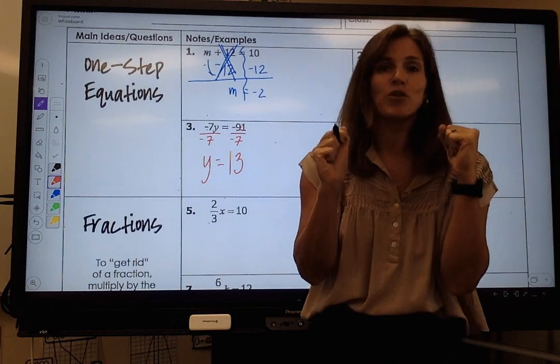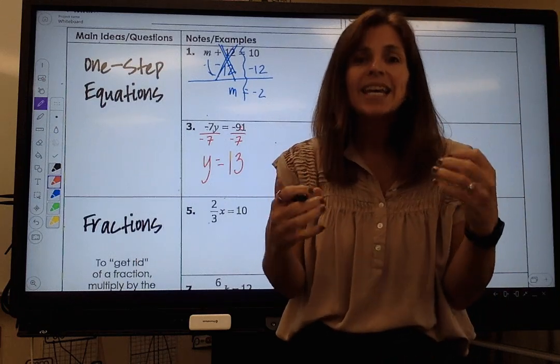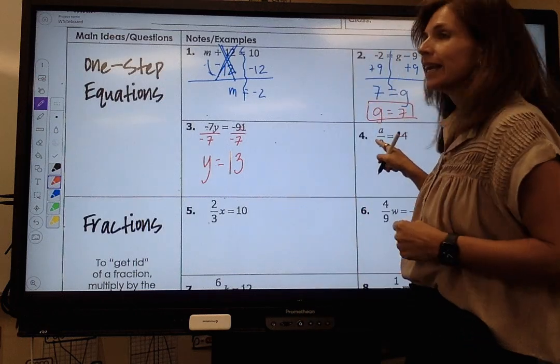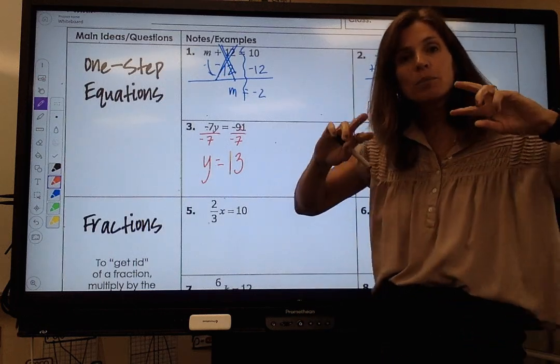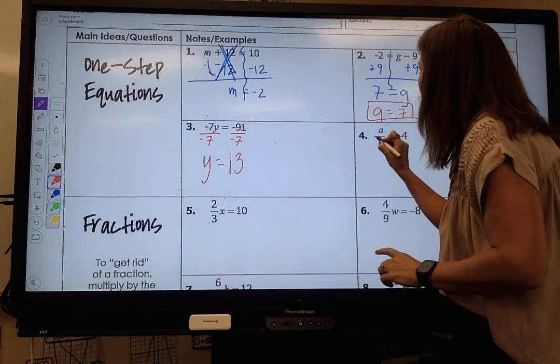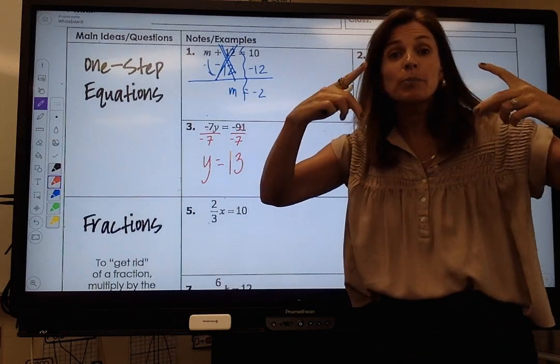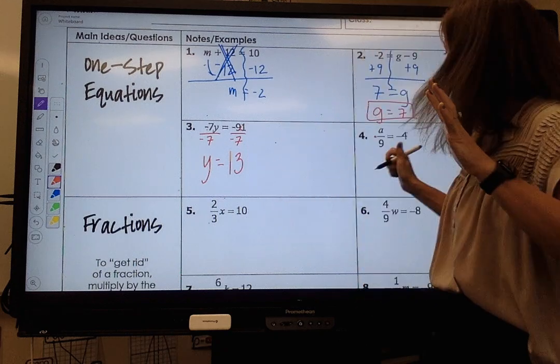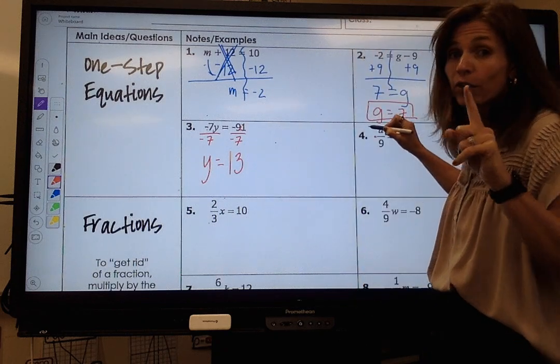Multiplicative inverse. It is your best friend. If you embrace it, it will make your mathematical life so much easier. To get a by itself, we're going to use the multiplicative reciprocal. If you're dividing by 9, what's the opposite? You flip your reciprocal. Now, I'm looking at the coefficient here of 1.